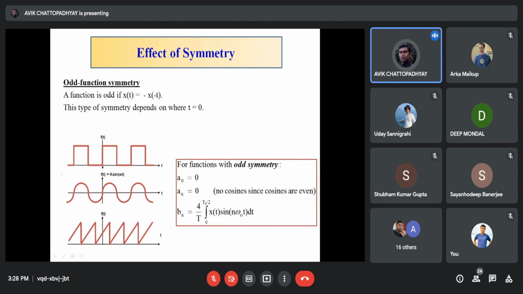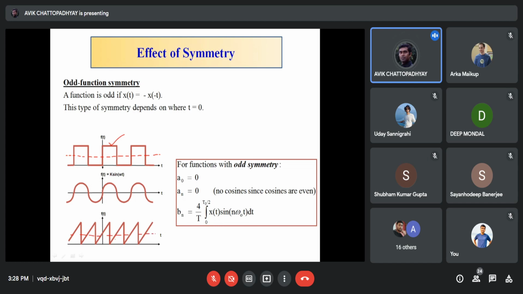So the point is how to make these odd, because in this case there is a DC term. Now if you subtract that DC term from this signal, then obviously this signal will become odd in nature. Again, here there is also a DC term.